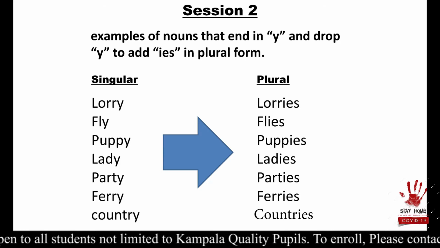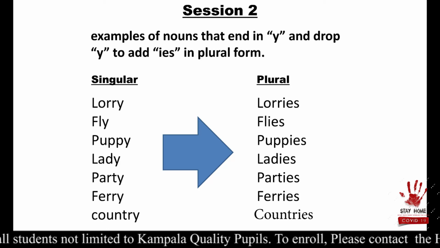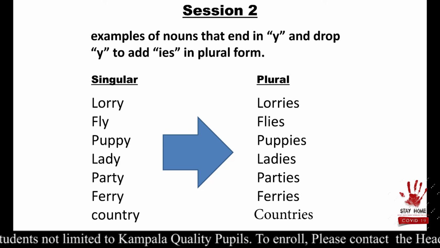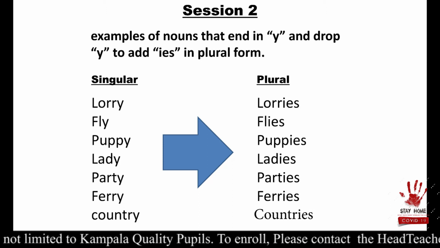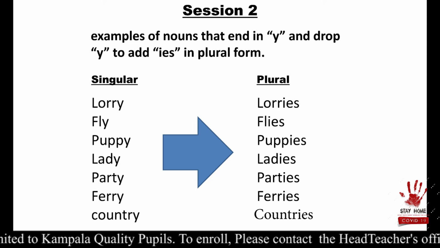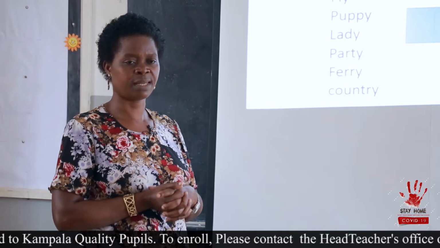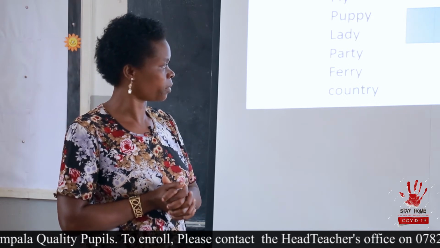If it is one, it is a ferry. You will say a ferry, but when there are many in plural, Y will go away. We shall remove it. We put I-E-S. So when there are many, we shall call them ferries. Can you say ferries?